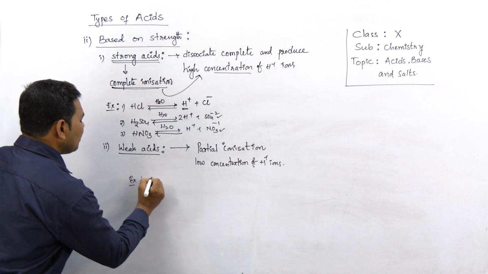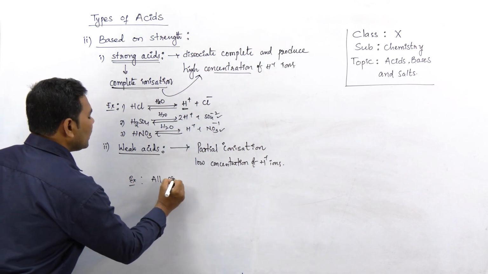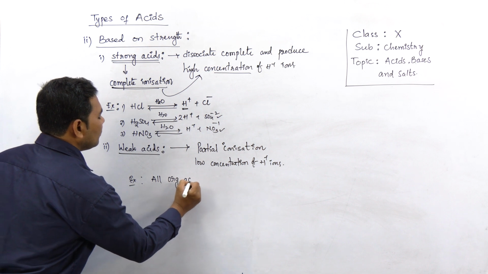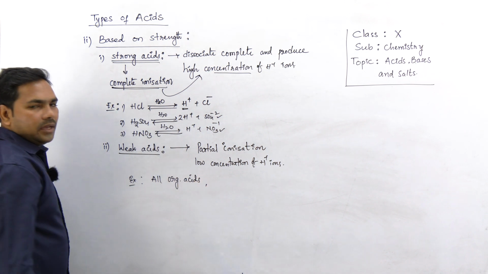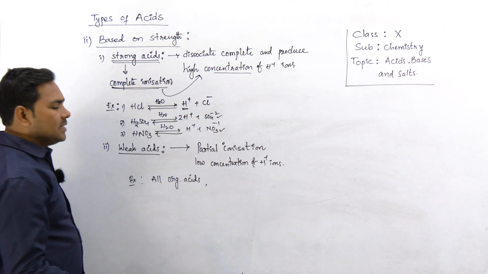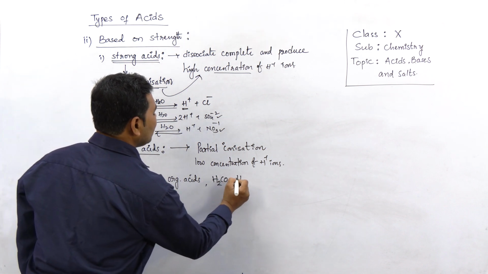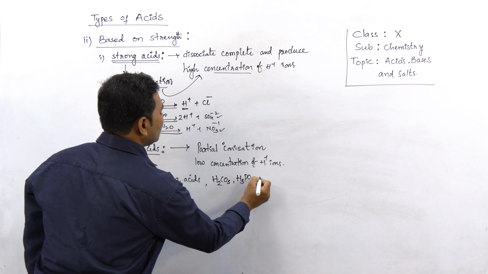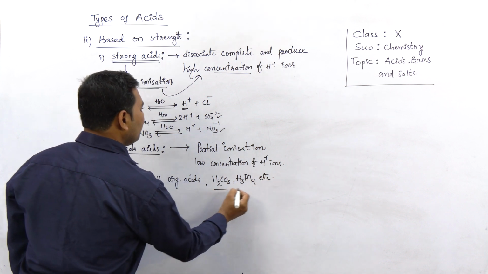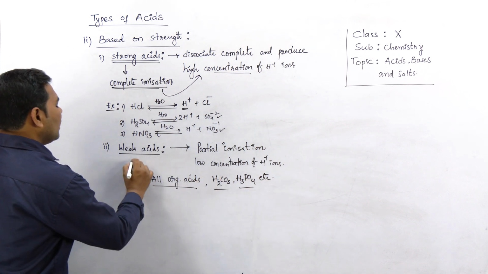If you see examples, all organic acids are weak. Along with them, some other mineral acids are also weak, like carbonic acid, phosphoric acid, etc. They are mineral acids, but even they are weak acids.